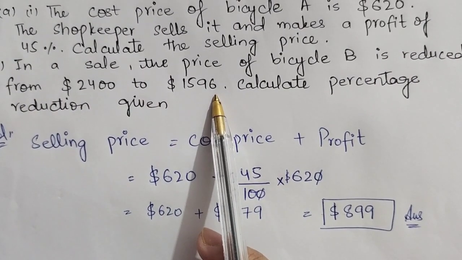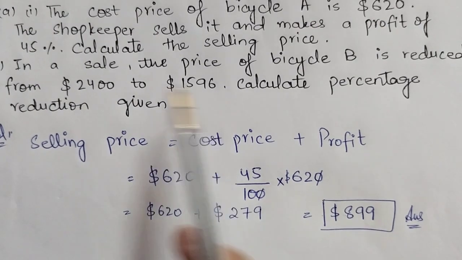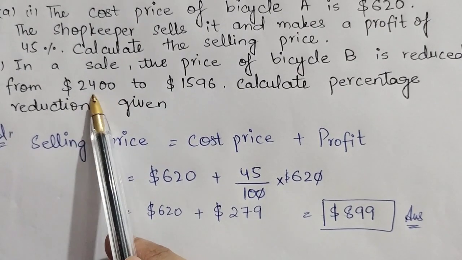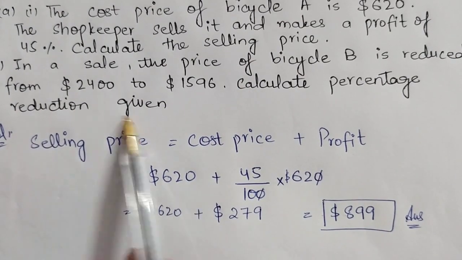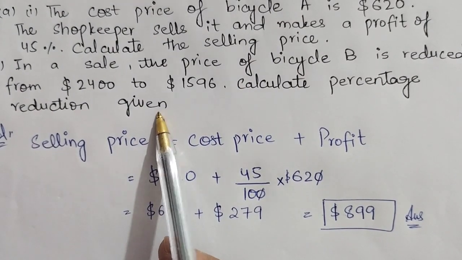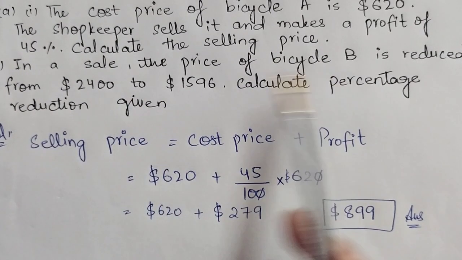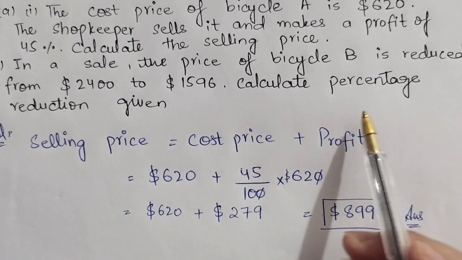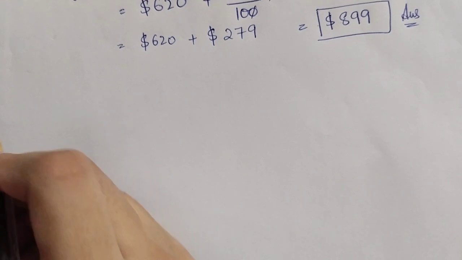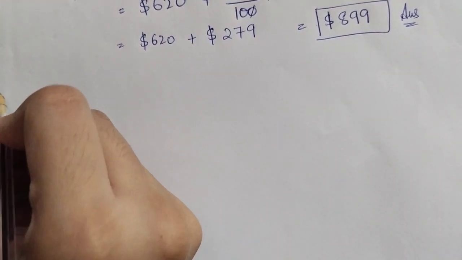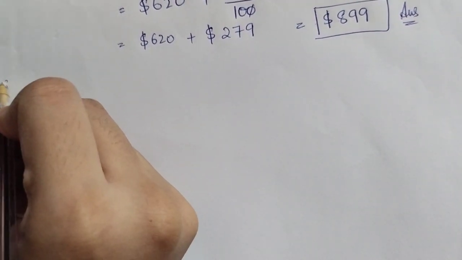It means the price of the bicycle was reduced. Firstly it was this and then it became this. Calculate the percentage reduction given. You have to calculate how much the price reduced, but you have to calculate the percentage of it. So first of all, you have to know how much the price reduced.